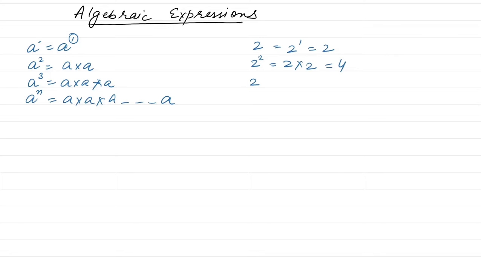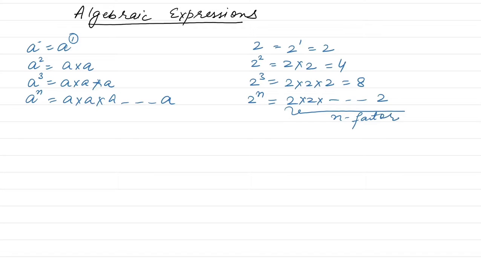If it is 2 cube, this equals 2 times 2 times 2, which is 8. And in the same way, 2 to the power n can be written as 2 times 2 and so on up to 2, having n factors, which means 2 to the power n.